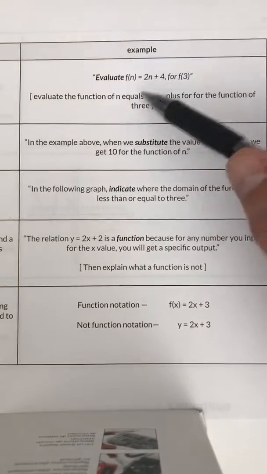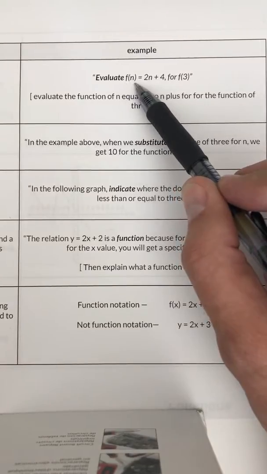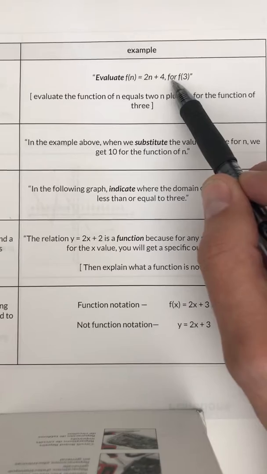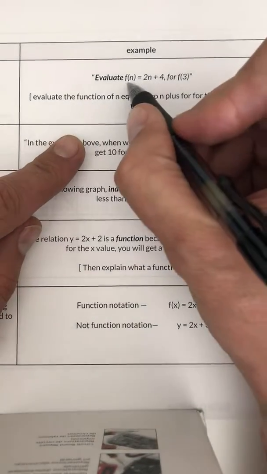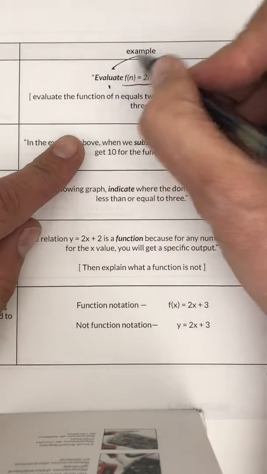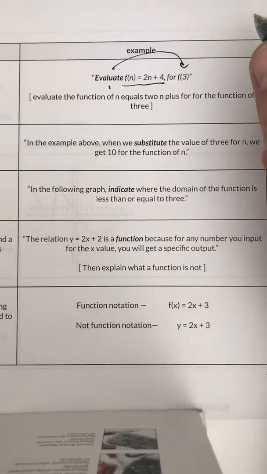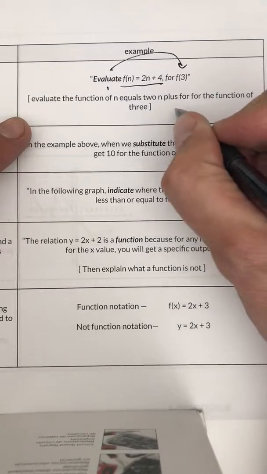Here's an example. Can you please evaluate the function f of n equals 2n plus 4 for f of 3? So here's our function, and we're asked to evaluate it for f of 3. If I were to do that, I would just substitute 3 in for our n.